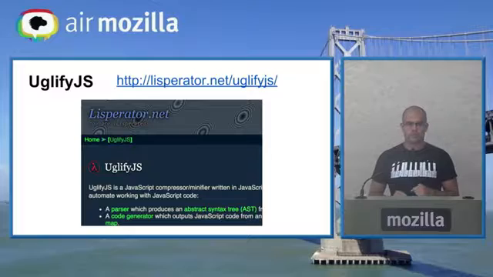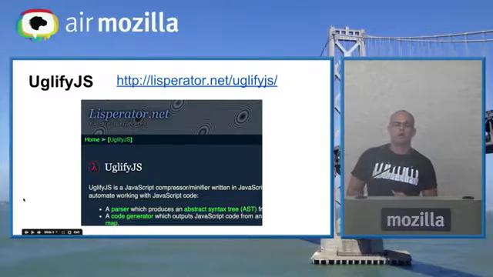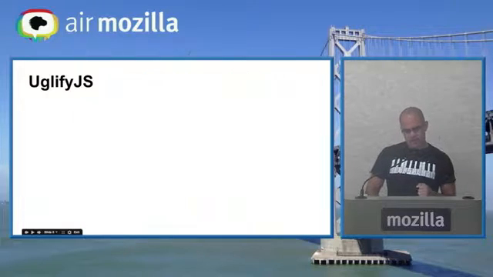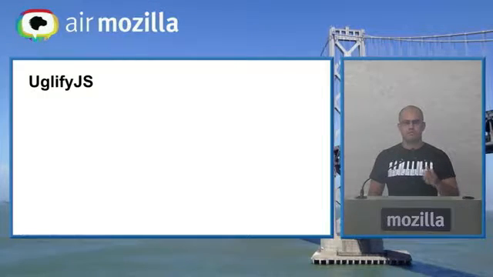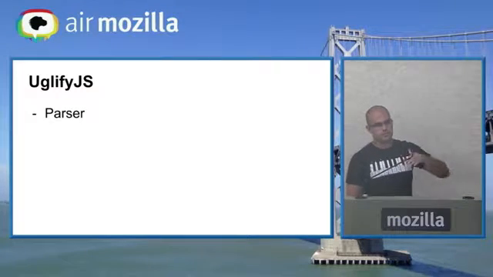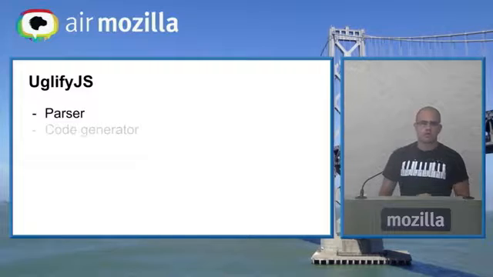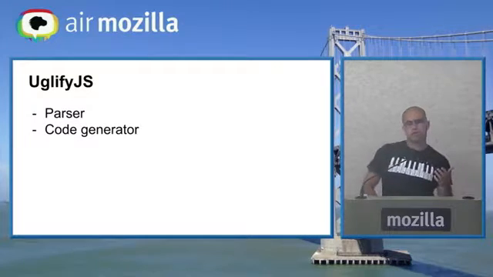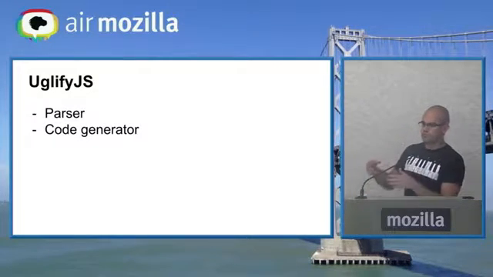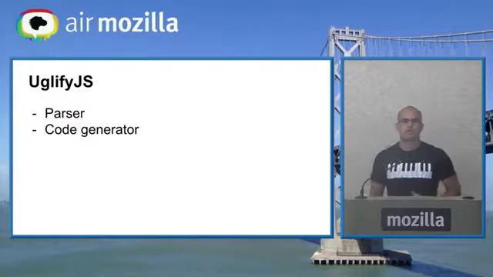Uglify.js, it's a compressor minifier, as you can see right there. And it consists of different parts. Uglify.js has a parser, so that means it will yield some AST. Also, it has a code generator, which will write some JavaScript from the AST.